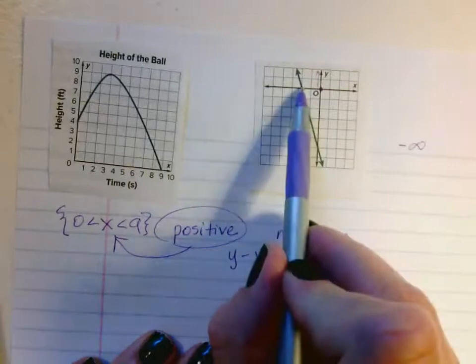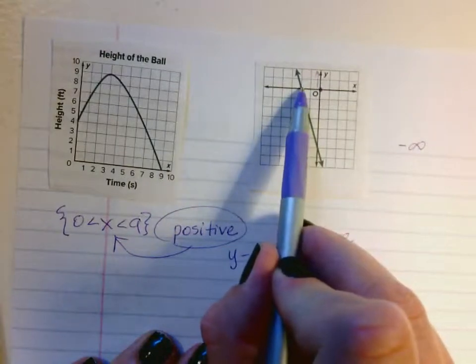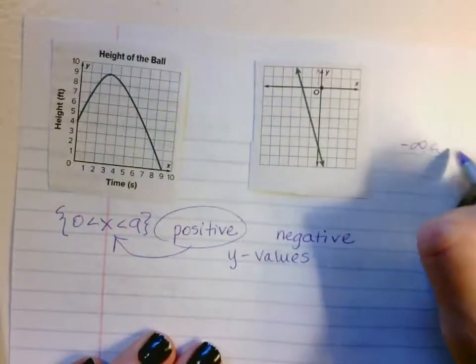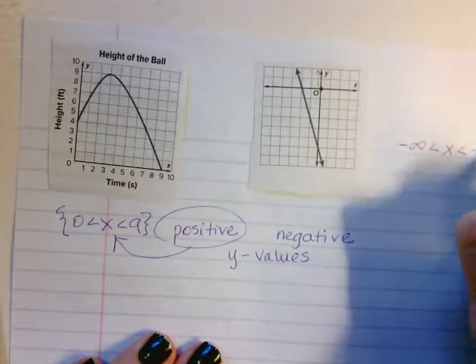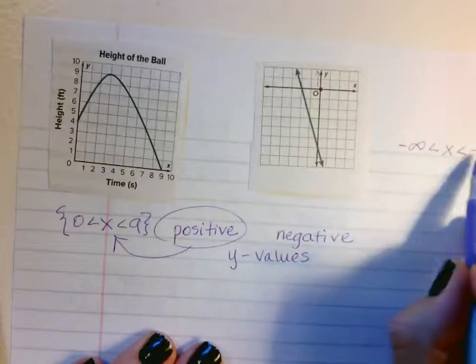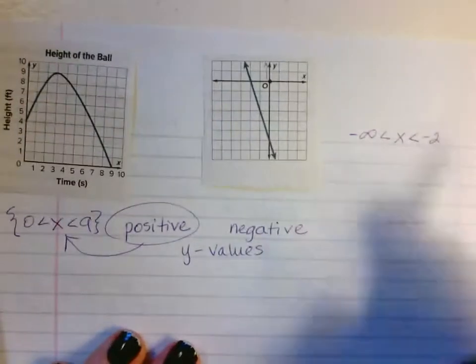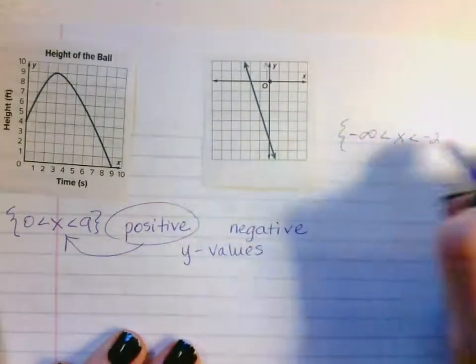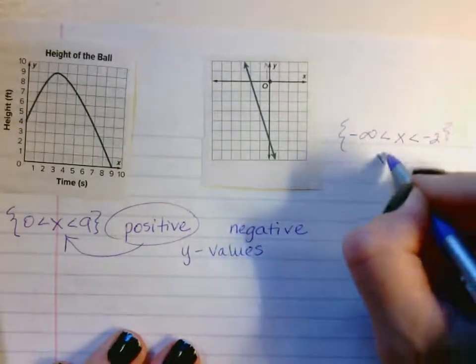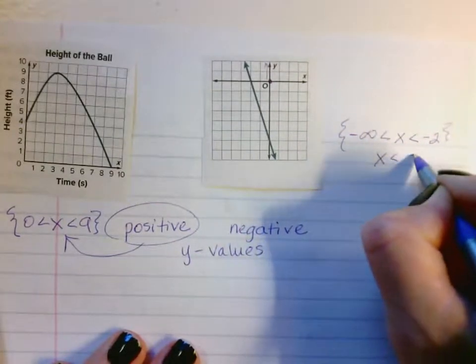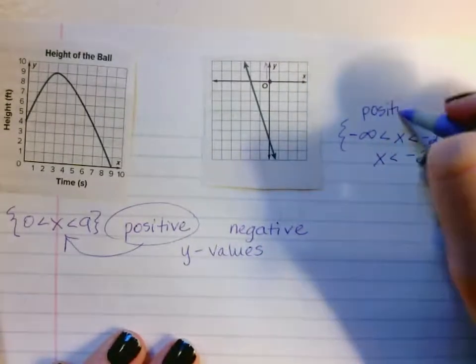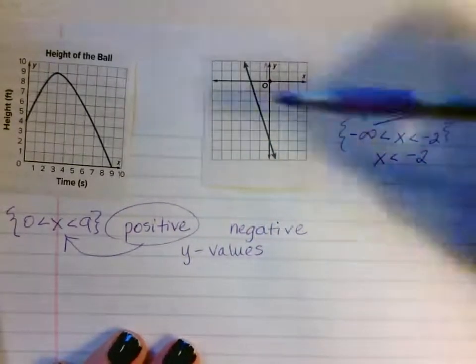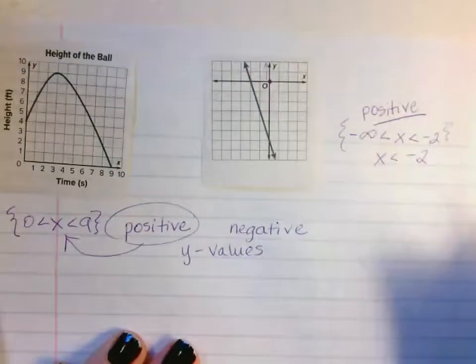It stops being positive at negative 2. So from negative infinity up to negative 2, or remember we can write this as when x is less than negative 2, the graph is positive because that's where the y values are above 0.